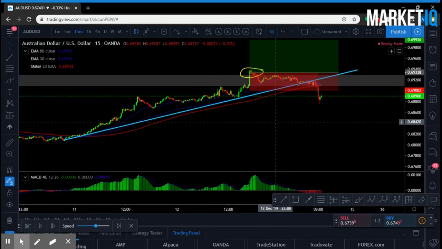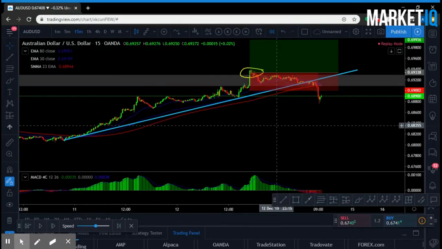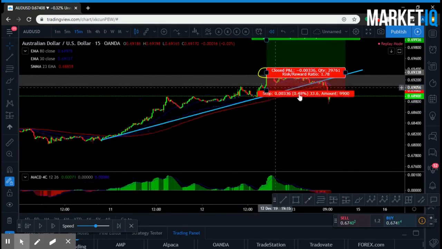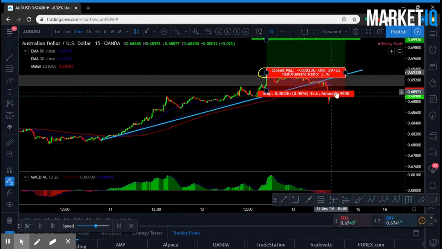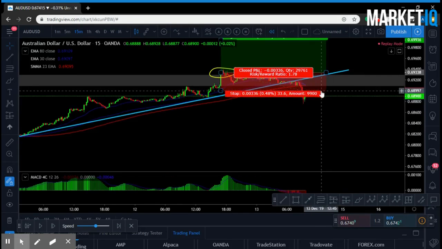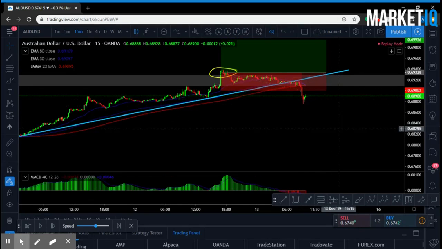So basic economics, when the banks want to sell, they need people who are willing to sell from them. So what we have here, they break it out, and then they collect your stop losses on the way down. And as you can see, right when it gets past this area, it starts to gain momentum.